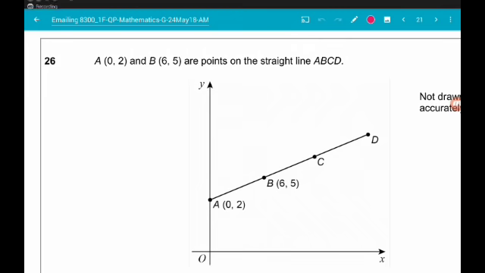26 says A (0, 2) and B (6, 5) are points on the straight line ABCD.